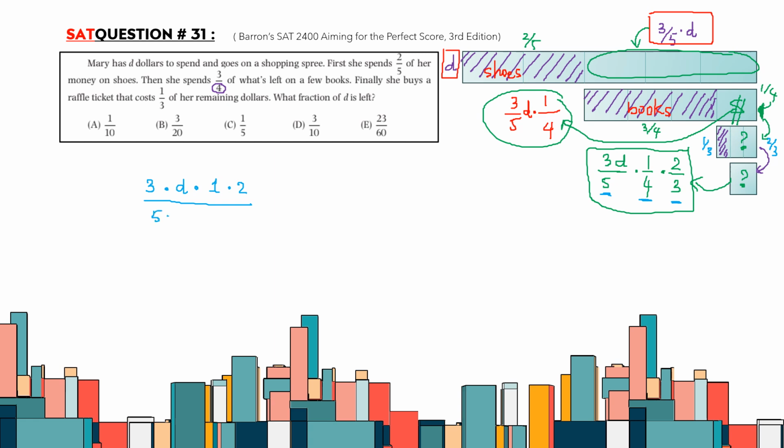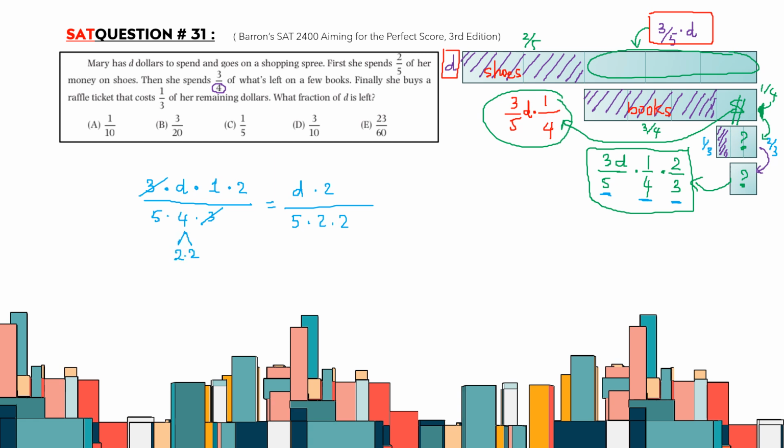So 5 times 4 times 3. I can eliminate that 3 since I have one factor on the top and one at the bottom. So we have D times 1 is D, times 2, over 5 times 4, and 4 I rewrite as 2 times 2.